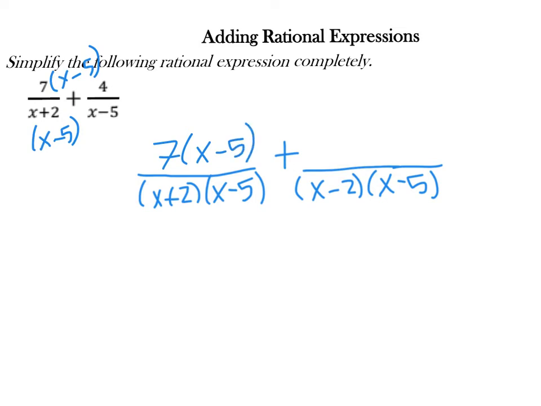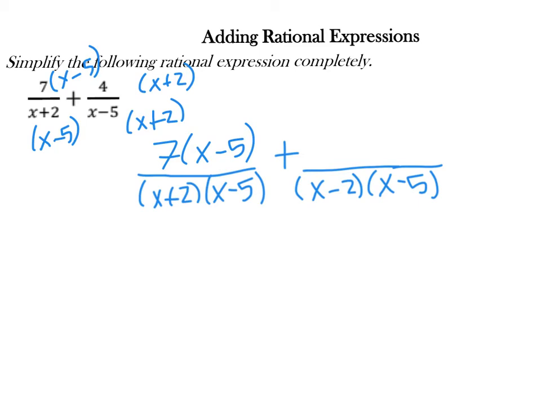On the other fraction, I have to do something very similar, but this one is just missing the x minus 5, so I'm going to multiply this other fraction by the other denominator. I can multiply it by the x plus 2. So I'm going to multiply this one, x plus 2, and x plus 2 on top. Whatever I do in the bottom, I have to do to the top so that I can make these equivalent fractions.